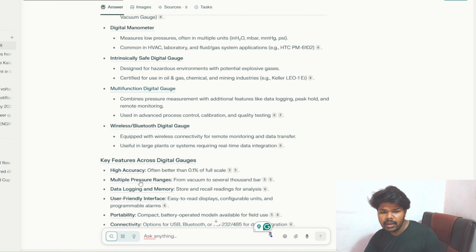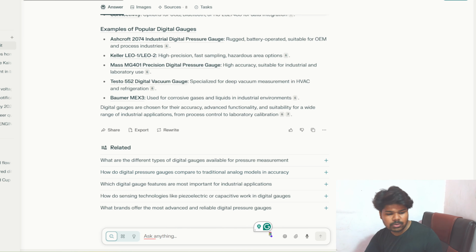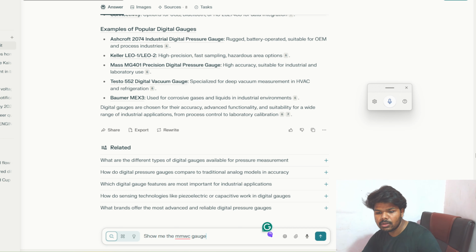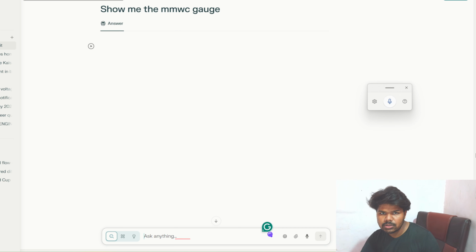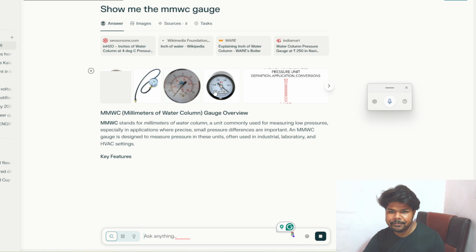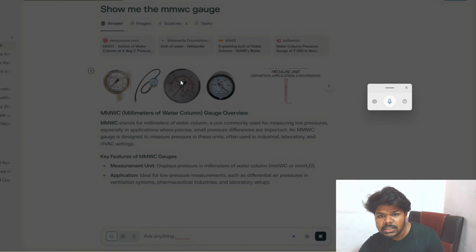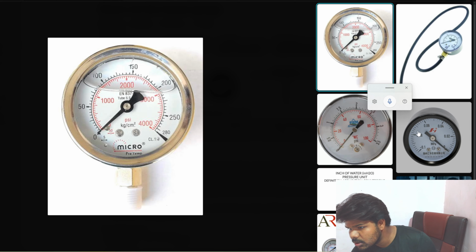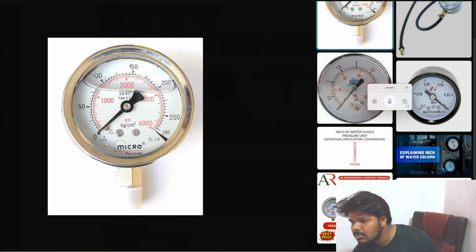And we can ask for the other gauges. Show me the mmWC gauge. So Perplexity shows me in WC. See this one, this is very minor, this one megapascal में बताता है.